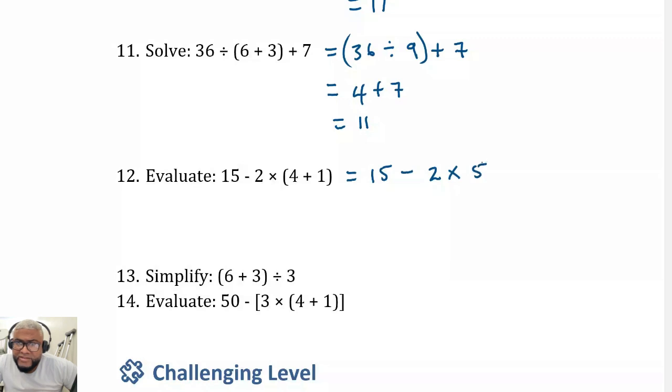So it's 2 multiplied by 5 then. 2 multiplied by 5 is 10. And then you take away 10 from 15, which is 5. Excellent. So this will be equal to 15 minus 10, which is 5. Raise your hand if you got 5, please.